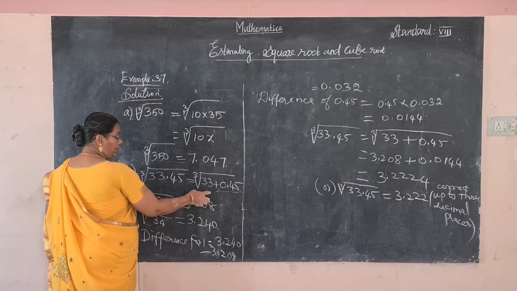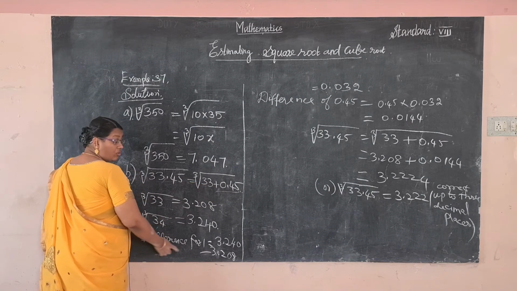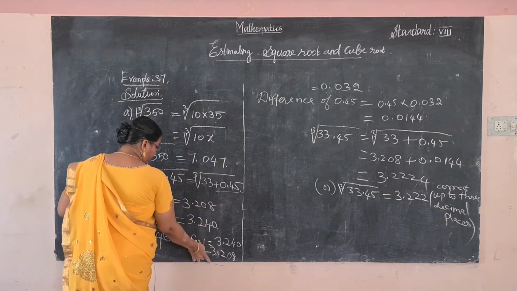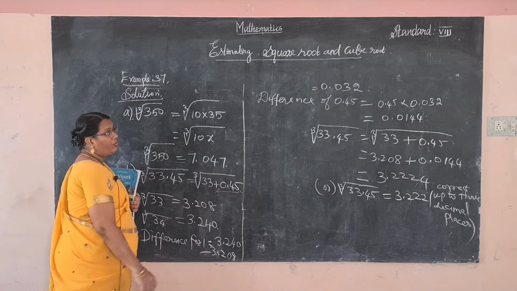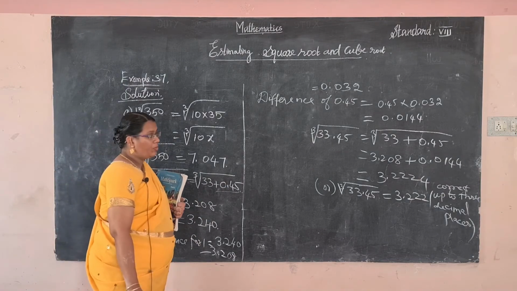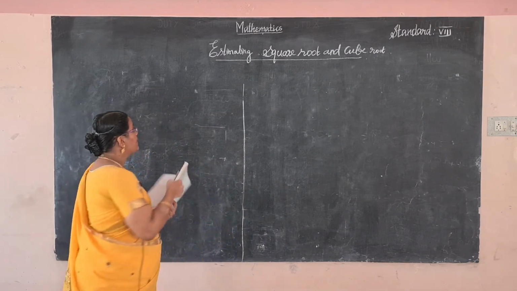After finding the difference of 33 and 34, the difference for 1, multiply it by 0.45, then add to get the final answer for the cube root. Okay, exercise 3.6.